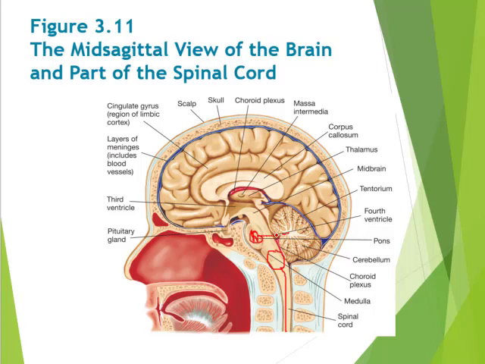If we could dissect the brain, you would see that the pons is really a huge bundle of fibers that helps relay information from the cerebellum to the rest of the brain. So the cerebellum is sometimes called the little brain, and the pons is a major structure in terms of integrating information to and from the cerebellum.